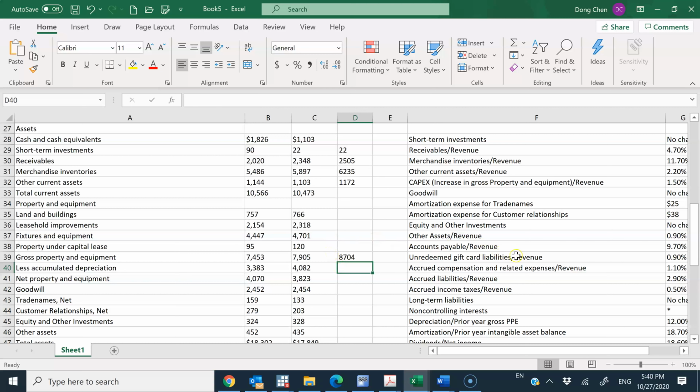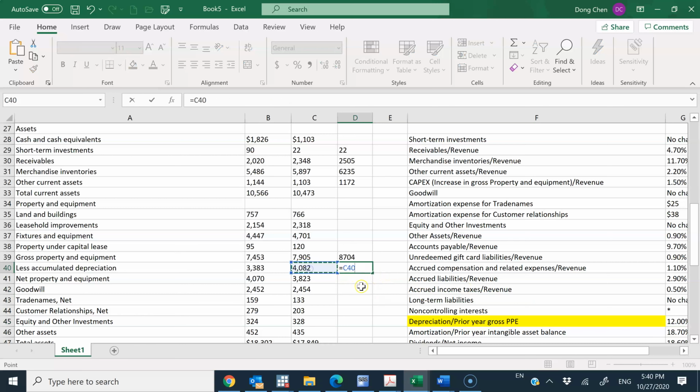So then our job is to find where is the new depreciation expense? And that information you can find actually here, which I will highlight in yellow. Depreciation divided by prior year gross PPE is assumed to be 12%. So we can use that information here. So accumulated depreciation is basically the current accumulated depreciation plus this new depreciation expense.